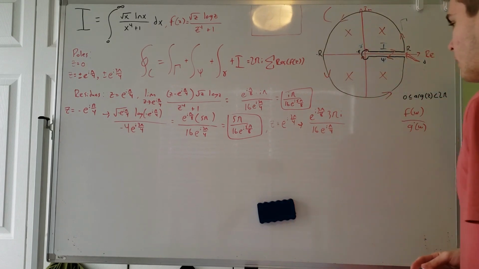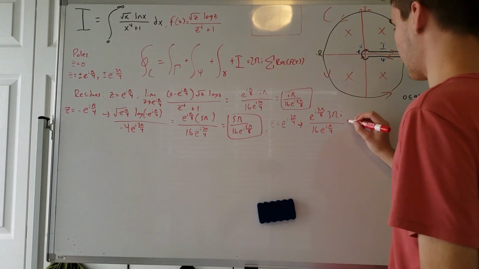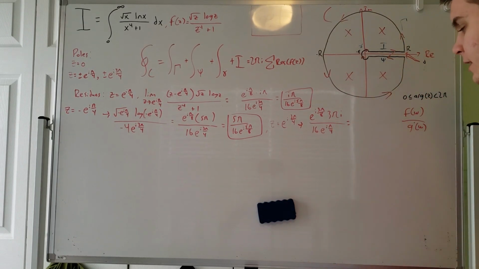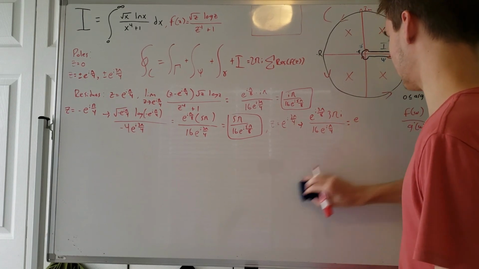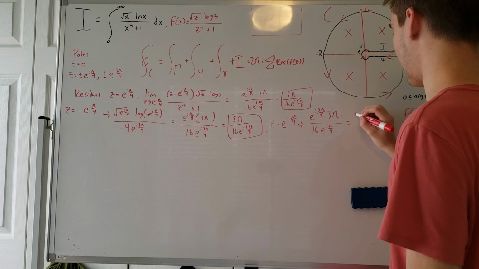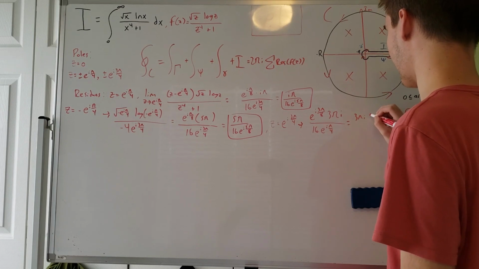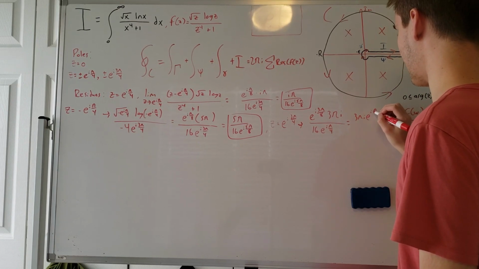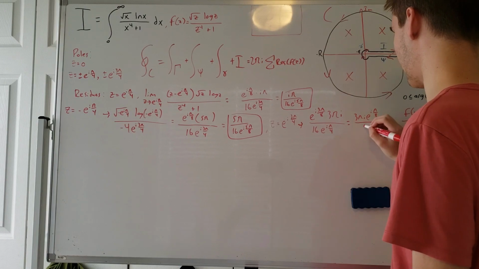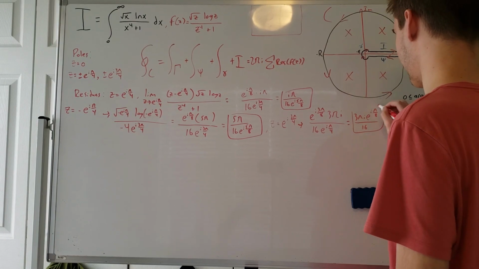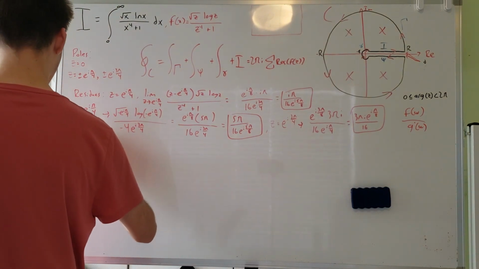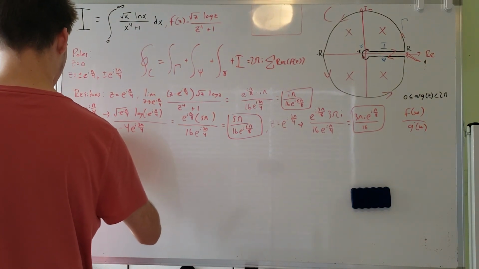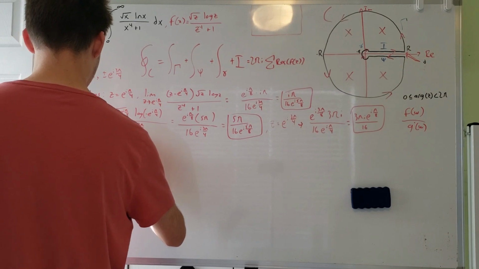Which we can now simplify, because this is e to the i 2 pi over 8. We'll have 3 pi i e to the i pi over 8 over 16. That's another residue.